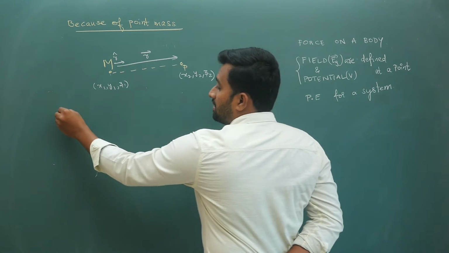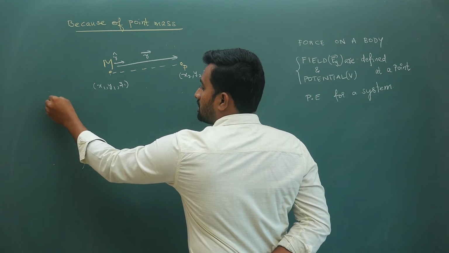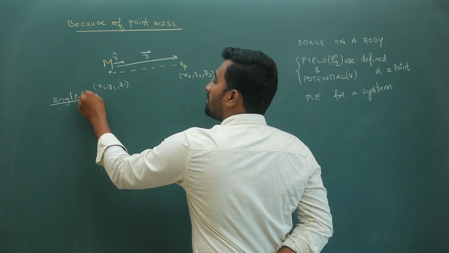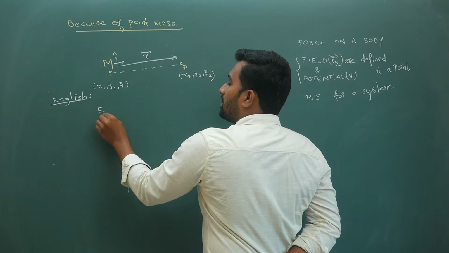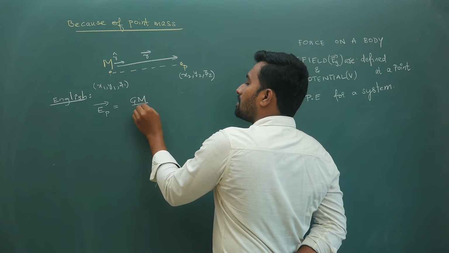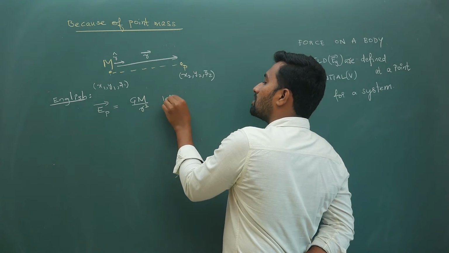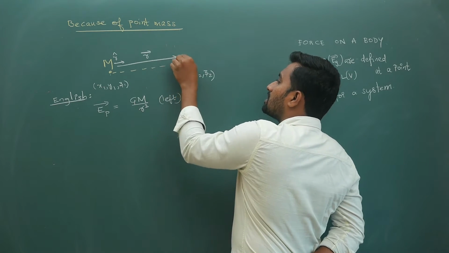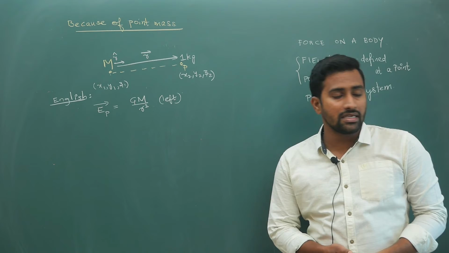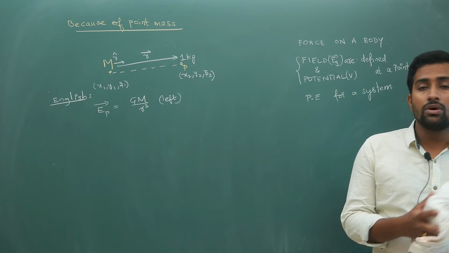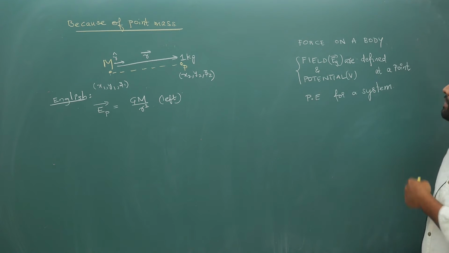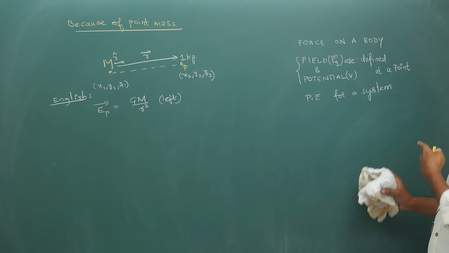So now in terms of simple English, if you are trying to write your field vector, your field vector EP bar is G times capital M by R square, direction is towards left, because if you just simply place 1 kg here, this 1 kg mass will get attracted by this capital M. I am erasing this stuff.